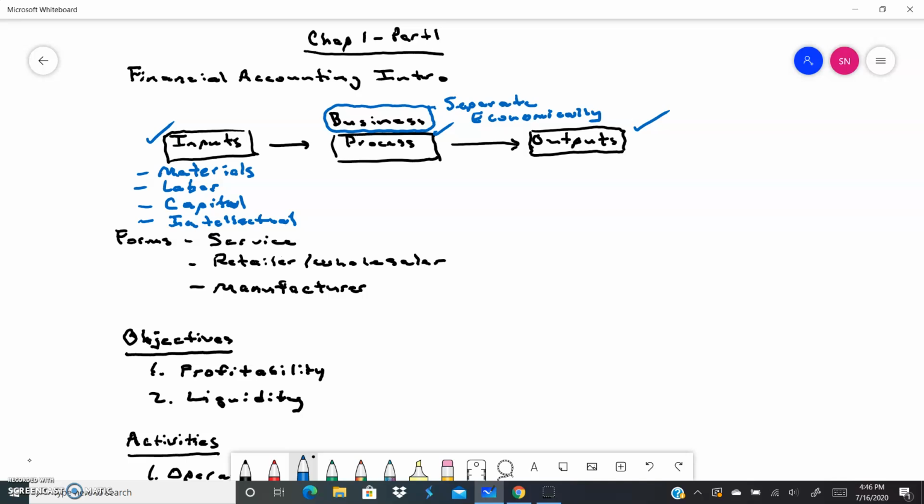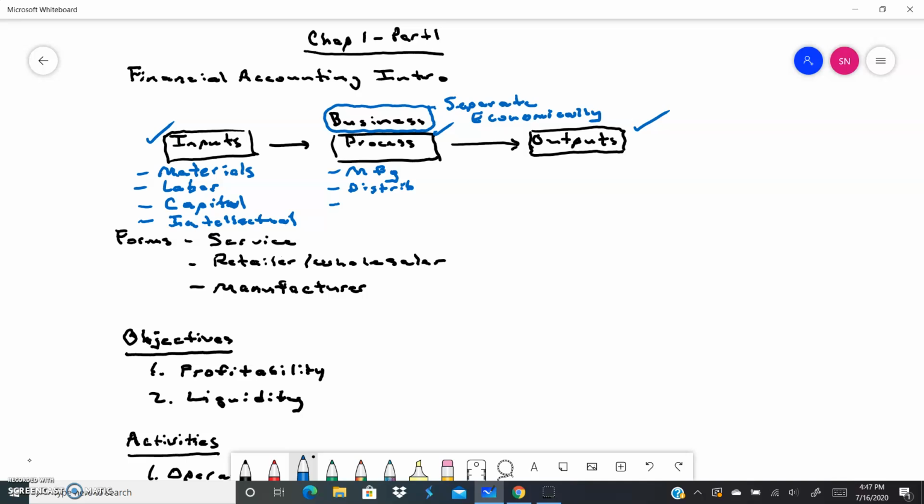Of course, then the business will take those inputs and use those in its processes. And what we're talking about there is, of course, if it's a manufacturer, we're talking about manufacturing. If it's not a manufacturer, perhaps it's a retailer, we're talking about somehow distributing those products to its customers or consumers.